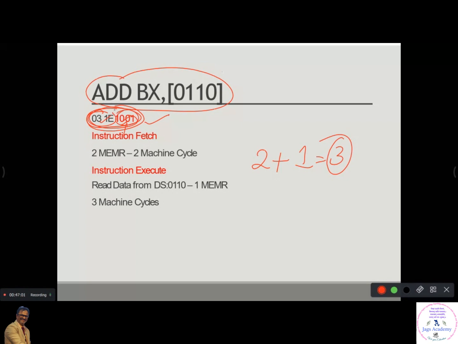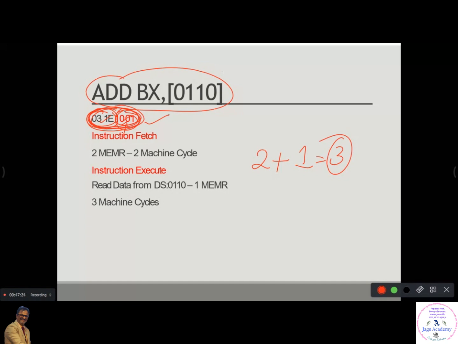The microprocessor cannot read this entire 32-bit at a time. It has to read the first 16 bits in 1 machine cycle, and it will read the next 16 bits in another machine cycle. So it takes 2 machine cycles to fetch the opcode from the memory. Okay, so already you have 2 machine cycles.